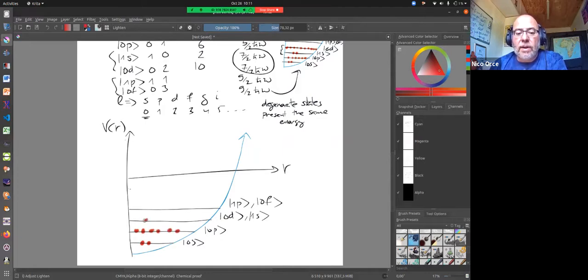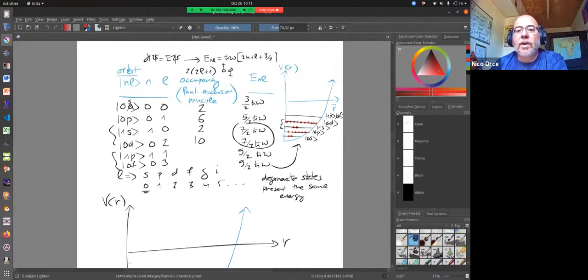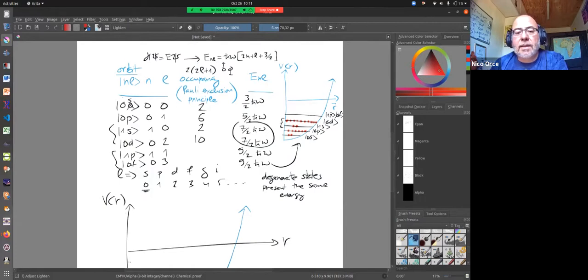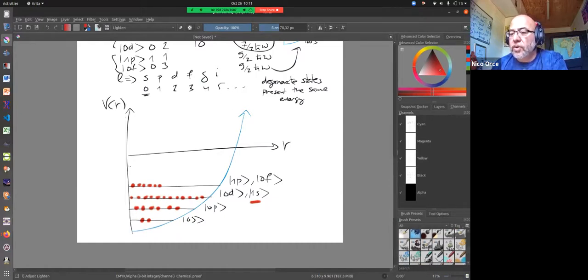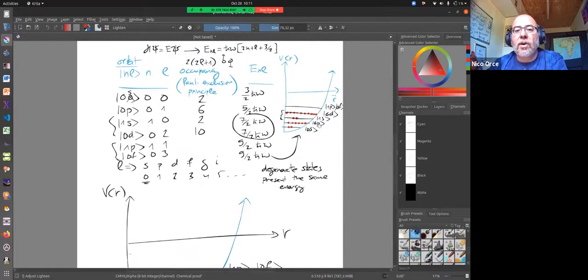This one will come with 1, 2, 3, 4, 5, 6, 7, 8, 9, 10, plus the other two from the 1s. And the 0p's come with 2 times 1 plus 1, 3 times 2, 6. But the 0f, the f is equal to 3. We have an occupancy of 2 times 3 plus 1, 7 times 2, 14, right?